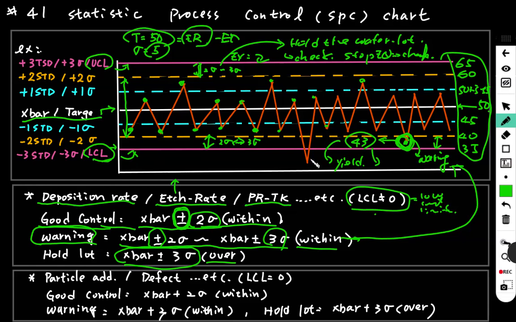If it goes over, for example this point over minus 3 sigma, the process will hold the process lot to check the wafer, stop the equipment, and contact the equipment engineer to check the equipment, and the process engineer checks the monitor SOP.